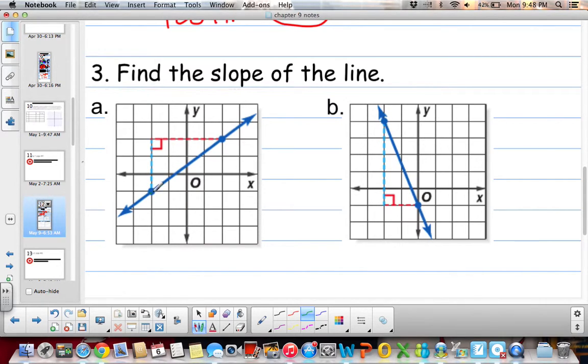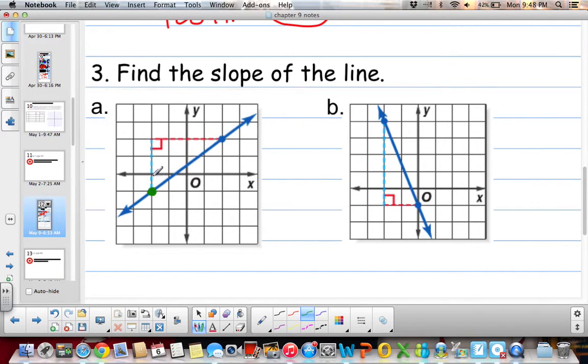So if we start at this point, we don't really need to know exactly what the coordinates of that point are right now. But if we start here, we want to count how many spaces we need to go up to be even with the other point, and then how many spaces we need to go over.